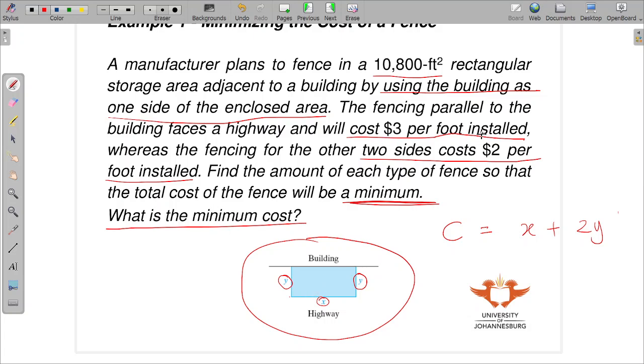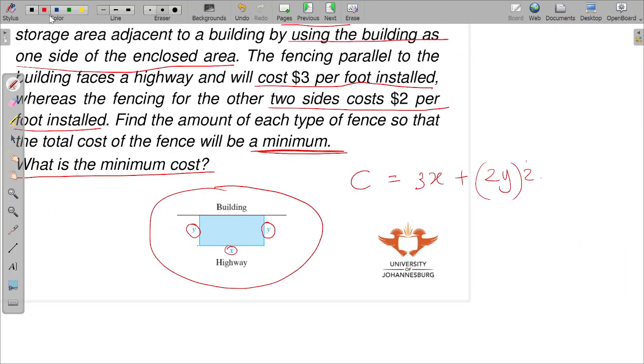It is $3 per foot installed for the one facing the highway, so I need to multiply this x by 3 so that I can have the cost. The other two sides are $2, so I need to multiply those by 2. So now I have 3x plus 4y. That is the cost.